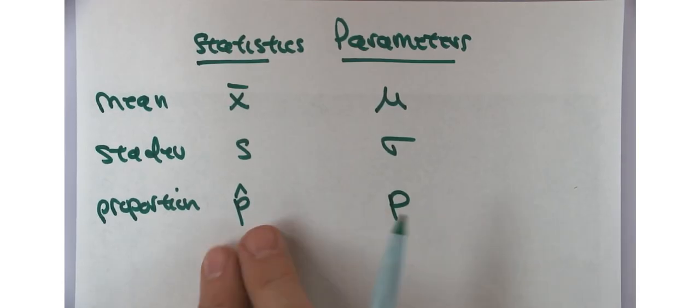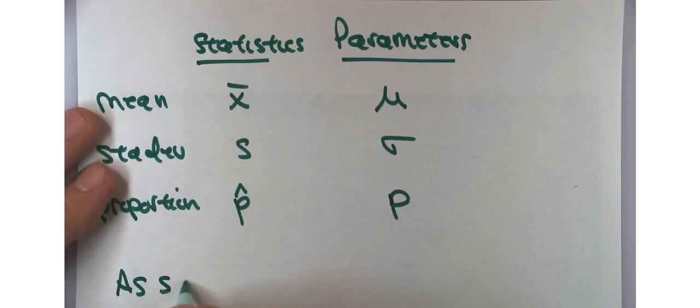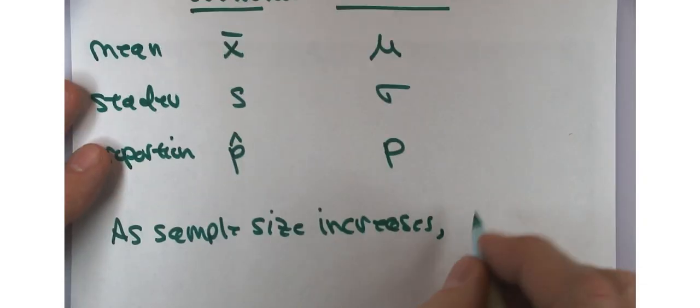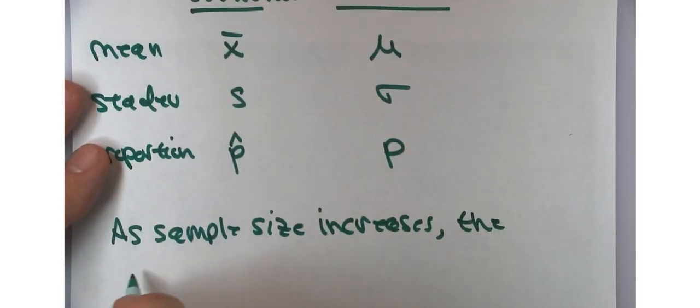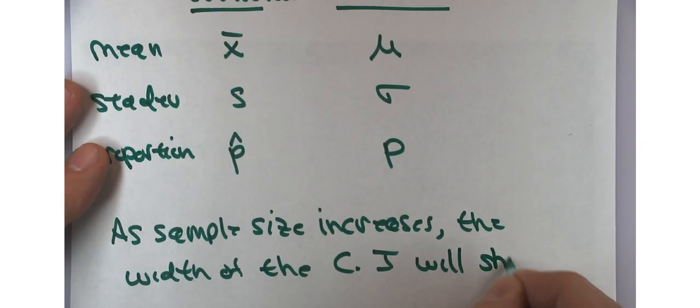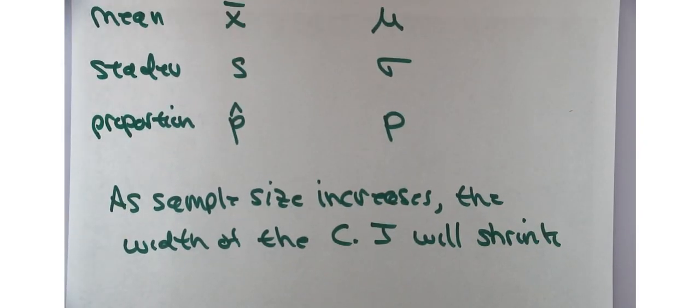And you get better estimates with increasing sample size. So as sample size increases, the width of your confidence interval will shrink. And that's a good thing.